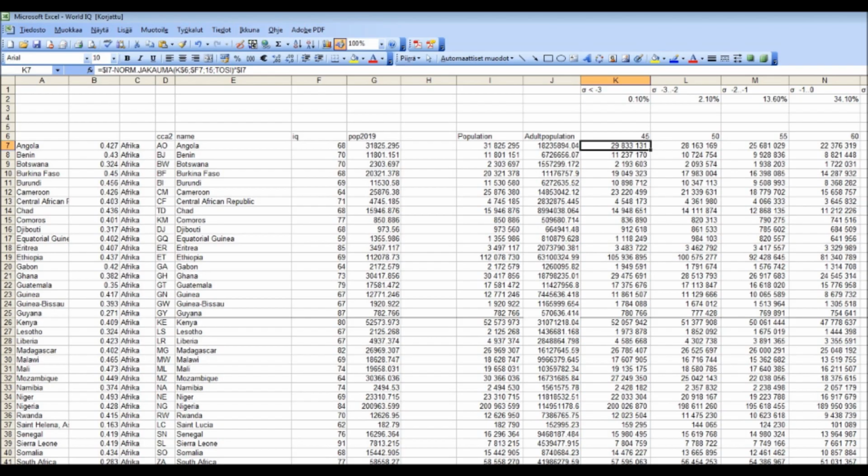With this idea I can take the whole data of the world, different countries, and put them on the same Excel sheet.